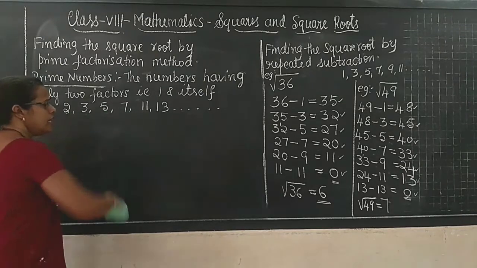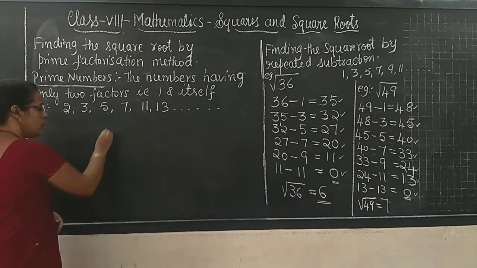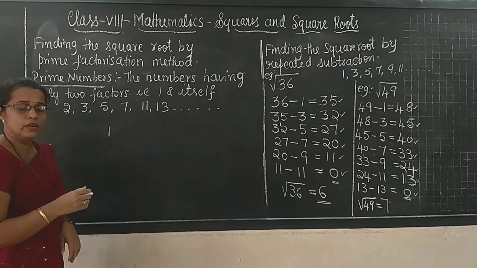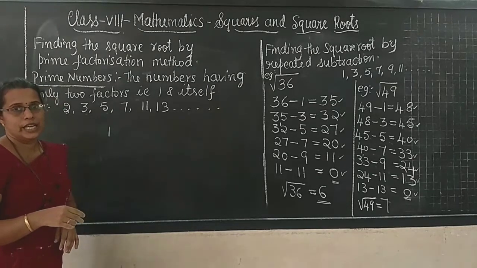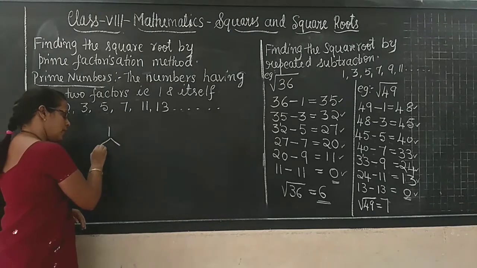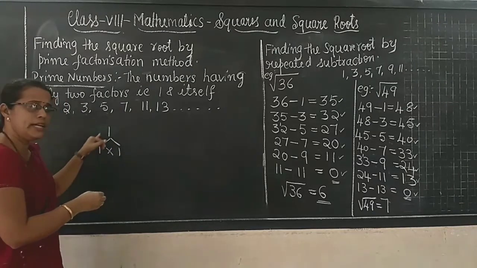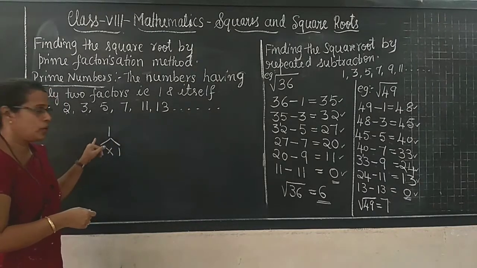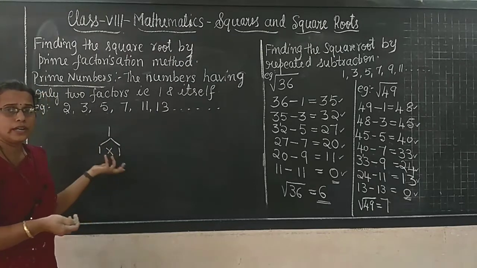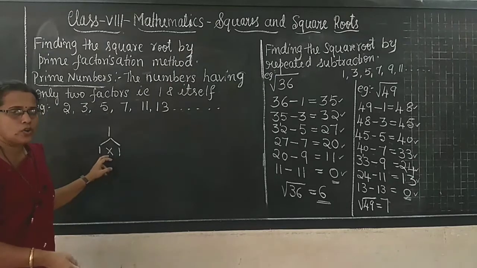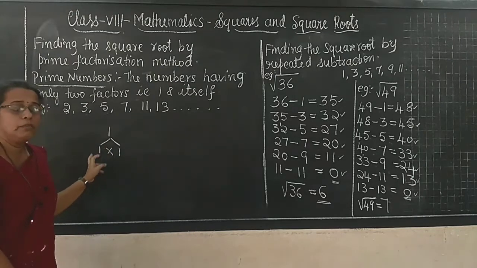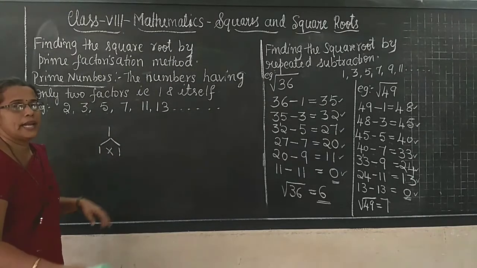So children, now I did write here 1. Is 1 a prime number, children? 1 is neither prime nor composite. Why? Because it has only one factor. Only its own table comes, no other table. 1 one is 1, 1 one is 1. The same table comes, which means it has only one factor. So it is called neither a prime nor a composite number.